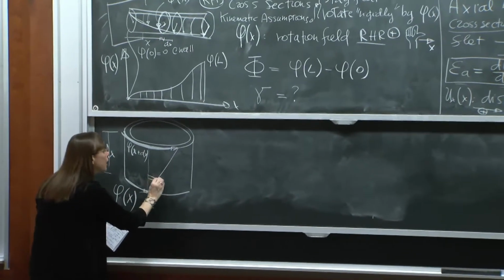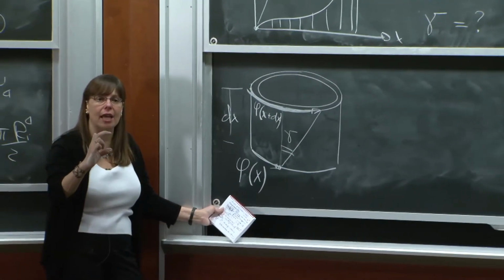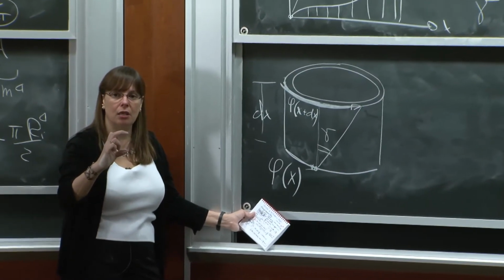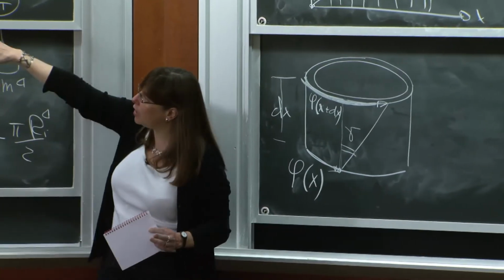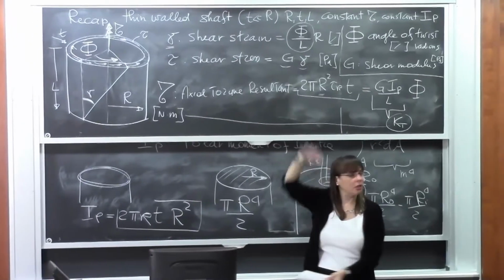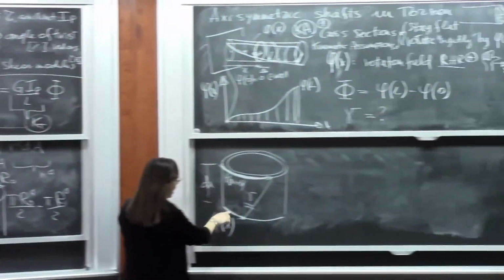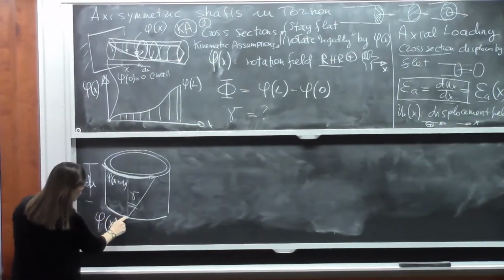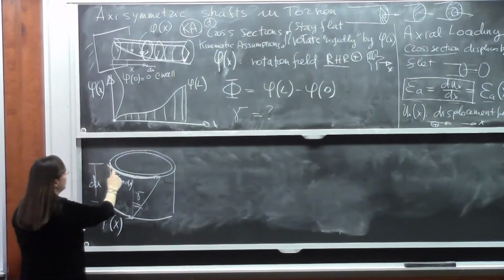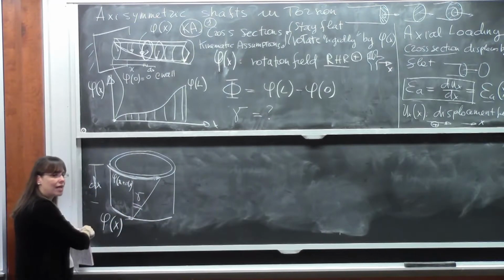And this angle of the line is our shear strain gamma in that little section dx. You see? It's the same as what we did over there, only there our length was L. We were taking the whole shaft. And here, we are taking a little segment of the shaft. The line has rotated already all the way here at x, and at x plus dx has rotated just a little more, phi of x plus dx.